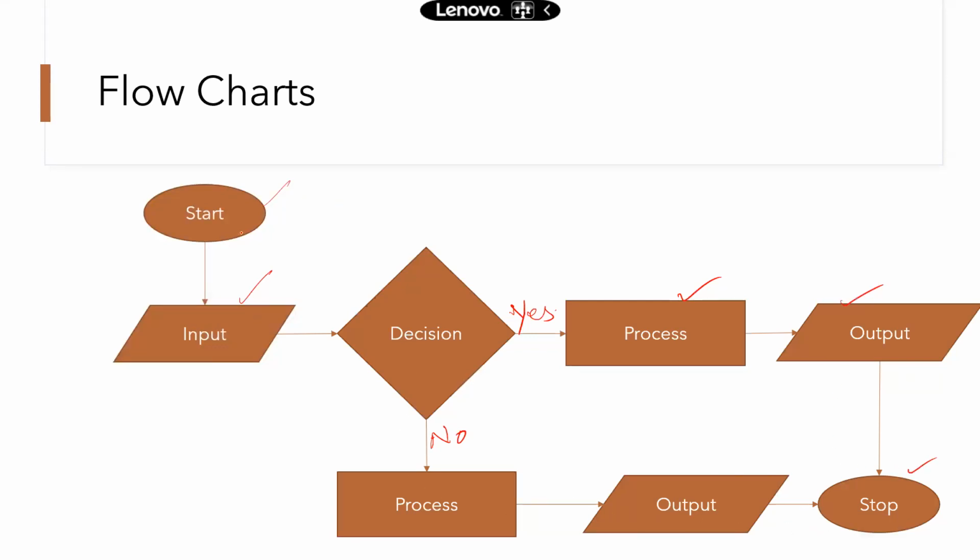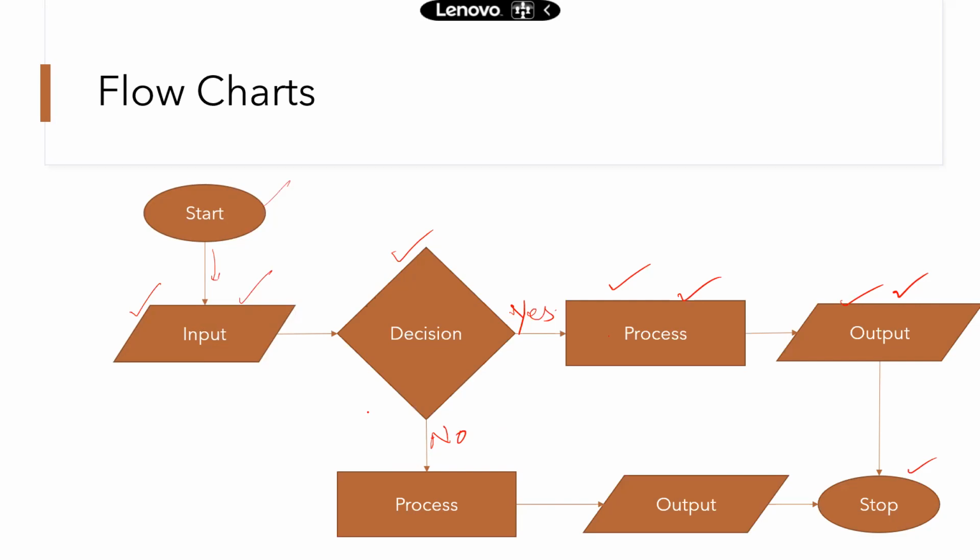So what we can see is that these are different block diagrams connected to each other through these flow directions, representing the flow of the sequence of different events. For example, this input was an event, this process was an event, this decision box was an event, this output is an event. These different events are connected together to show a certain sequence.